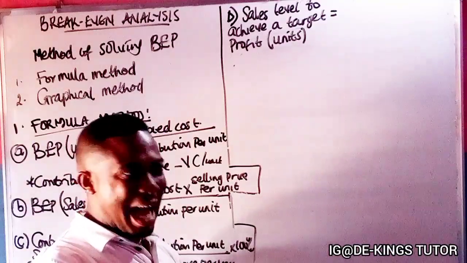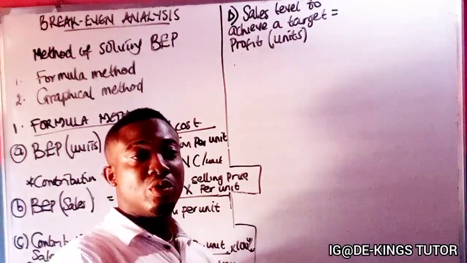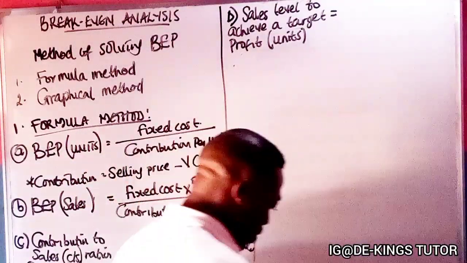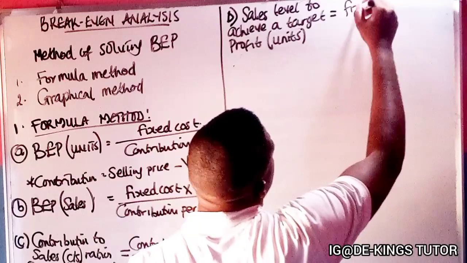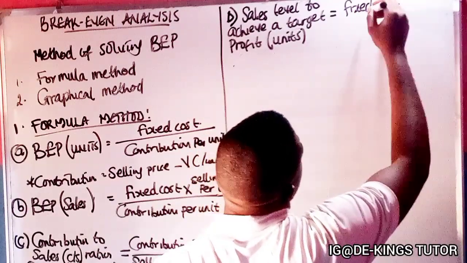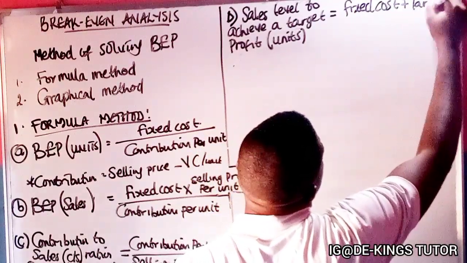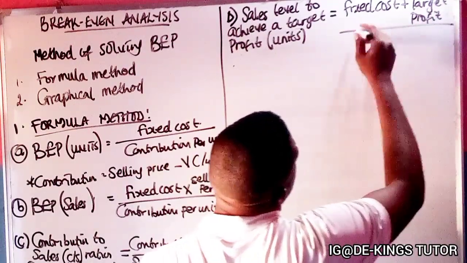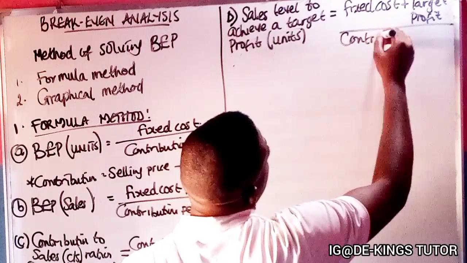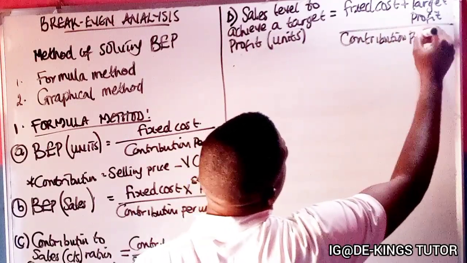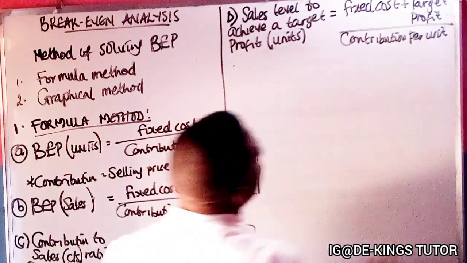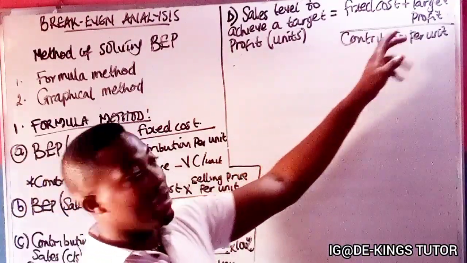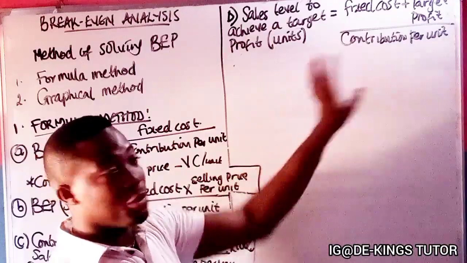They want to know how much worth of goods they would have to sell to attain that height. So it will be the fixed cost plus the target profit that you want to attain, all divided by the contribution per unit. So the sales level to achieve a target profit in units is the fixed cost plus the target profit divided by the contribution per unit.